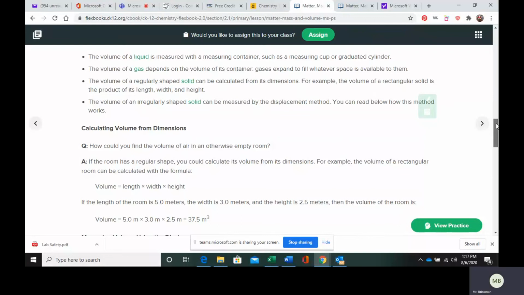We'll be doing a lab involving the displacement method, but basically you have a container of water, you measure your starting volume, and then you place the object in that container and you measure your final volume. You do final volume minus initial volume, and that is going to be the volume of your irregular solid.